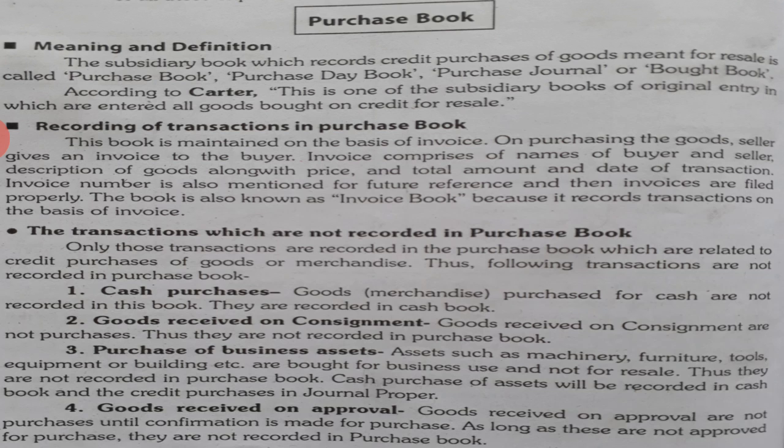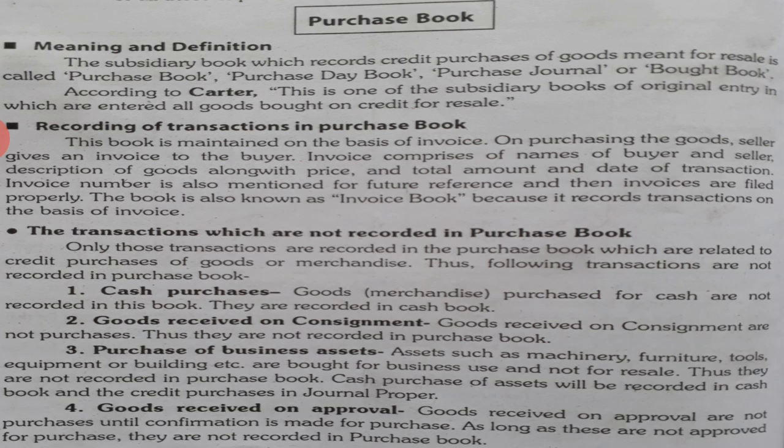So he has got an agency, he is an agent who is selling on behalf of the owner and receiving commission as remuneration. So this good is called consignment, which is not mentioned in purchase book.